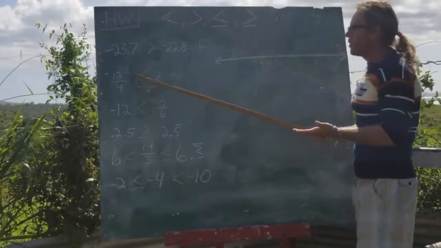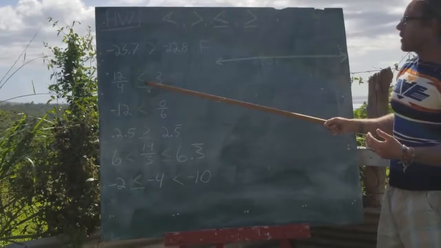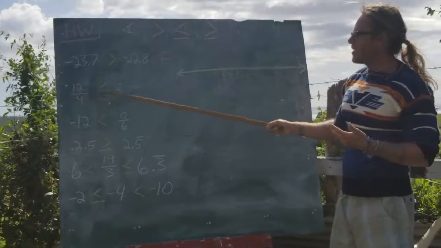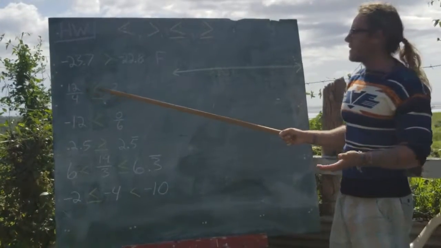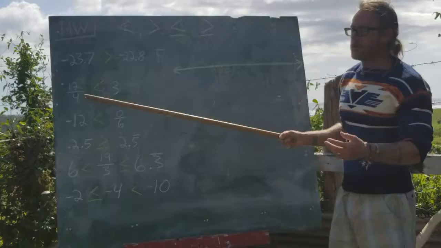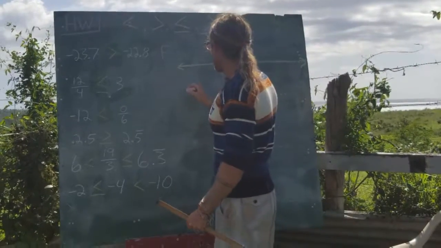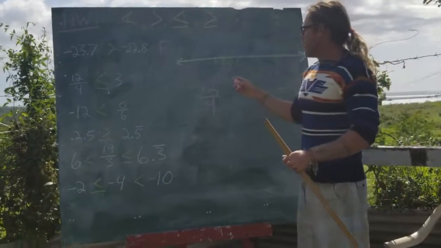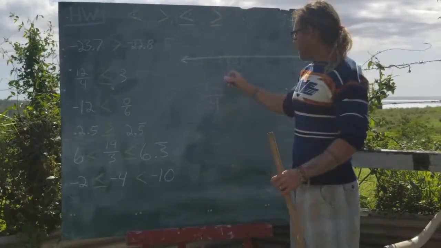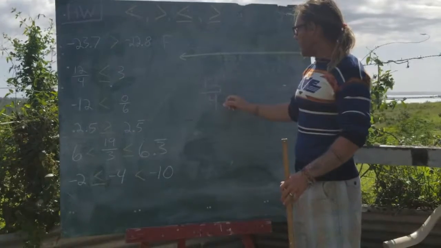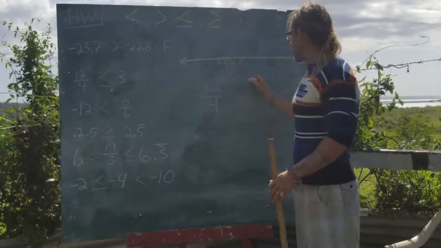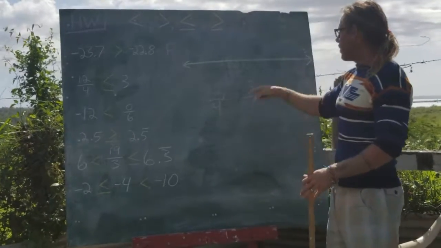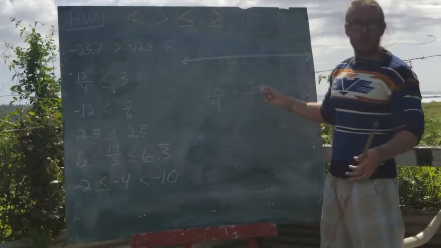All right, how about 12 over 4 is less than or equal to 3? Well, we've got this rational number here. Let's see if we can simplify that to help us gauge its relation to 3. So 12 over 4, we can simplify this, right? In fact, we can divide both the numerator and the denominator by 4. 12 divided by 4 is 3. 4 divided by 4 is 1. So 12 over 4 is just another way of writing 3.